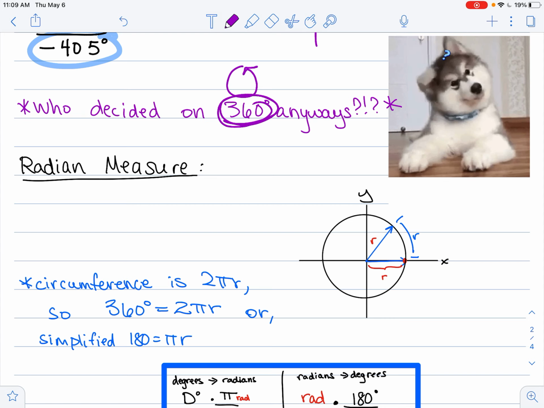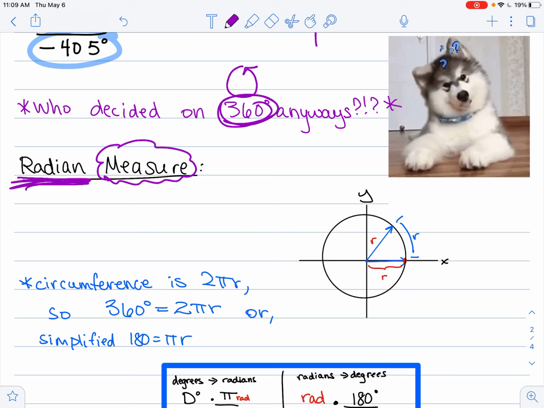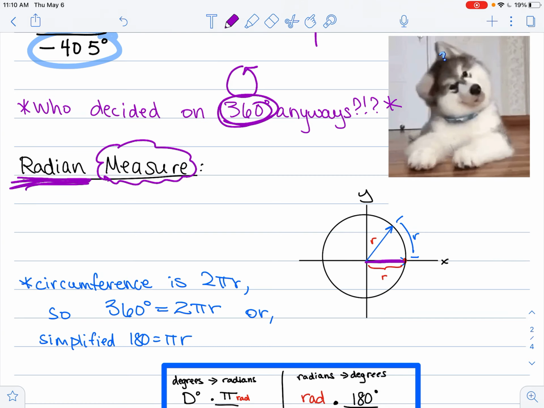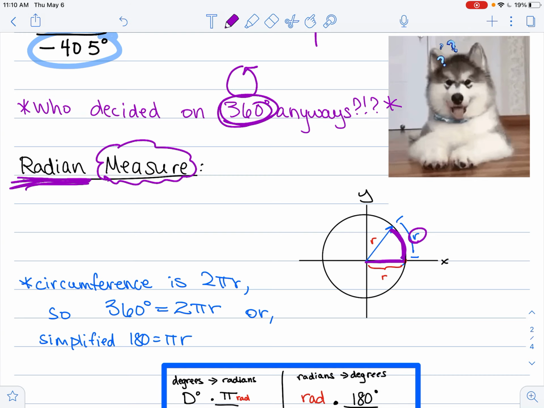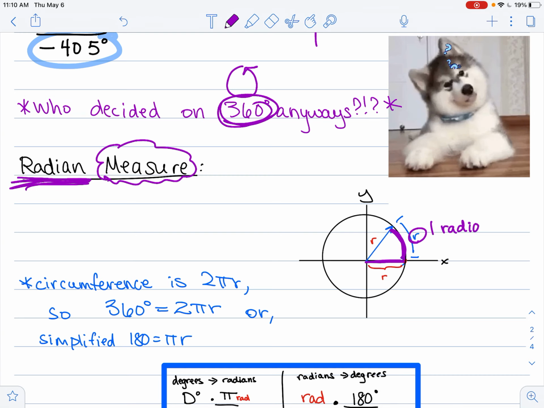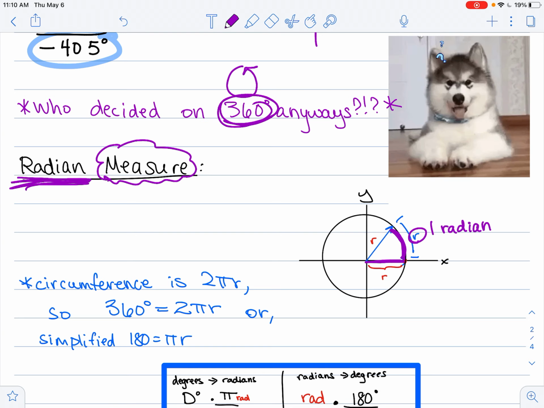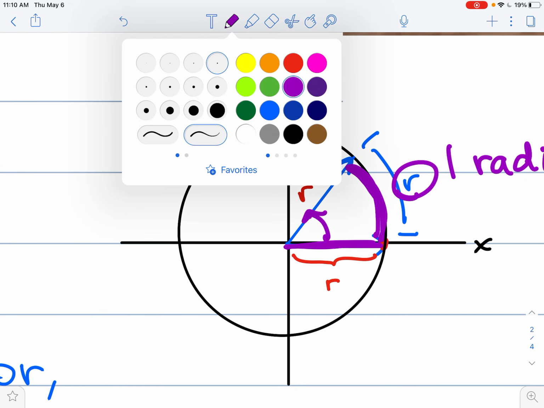So we're going to talk about another way to measure angles, which is called radians. And radians just come from this idea that whatever angle that is, this is a radius, and the distance that it goes on the circle, once it hits a radius, we call this a 1 radian measure, meaning that the radius equals the opening on the circle, and we'll call this unknown angle theta, right?